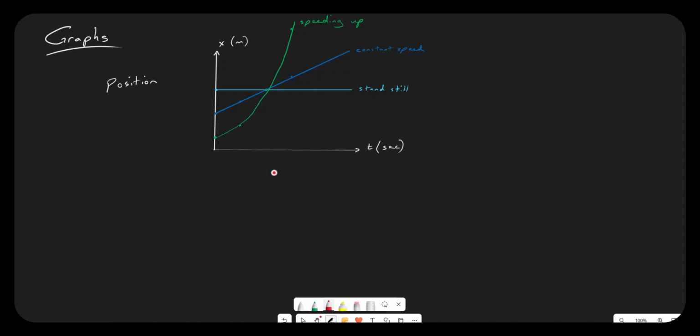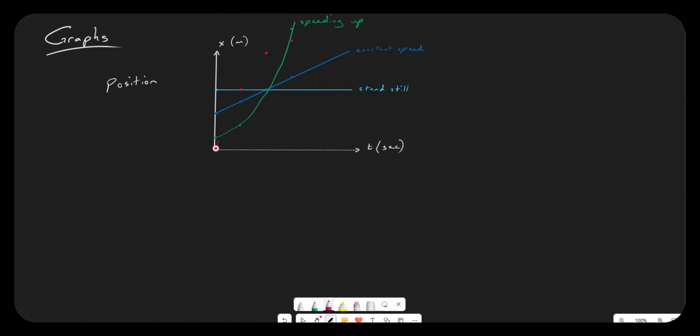I could also have one where I'm slowing down. So maybe in this one, at first I'm covering 5 meters in my first 2 seconds. So first 2 seconds, 5 meters, 1, 2, 3, 4, 5. The next 2 seconds, maybe I'm only covering 3 meters. The next 2 seconds, maybe I'm only covering 1 meter.